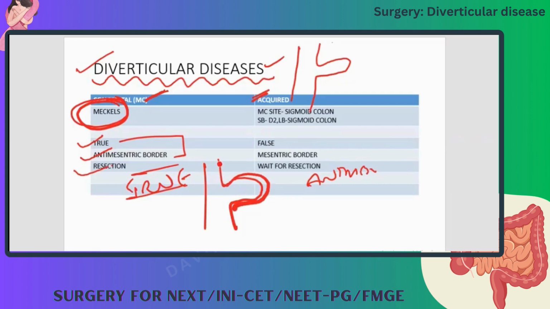Complete outpouching. Suppose this is the bowel loop. If a small outpouching is there, everything will be in the diverticulum. That is true diverticulum. Whereas acquired diverticulums are false diverticulum. They don't have the complete coverings. Only the mucosa will be pouching, or only the serosa, or only the muscle. That is false diverticulum. So remember, Meckel's diverticulum is a true diverticulum and it arises on the anti-mesenteric border.